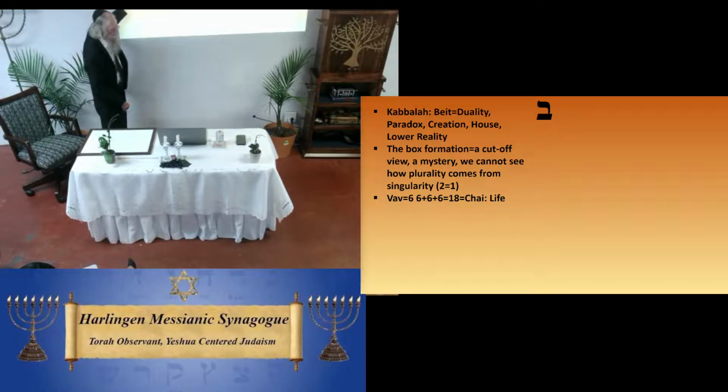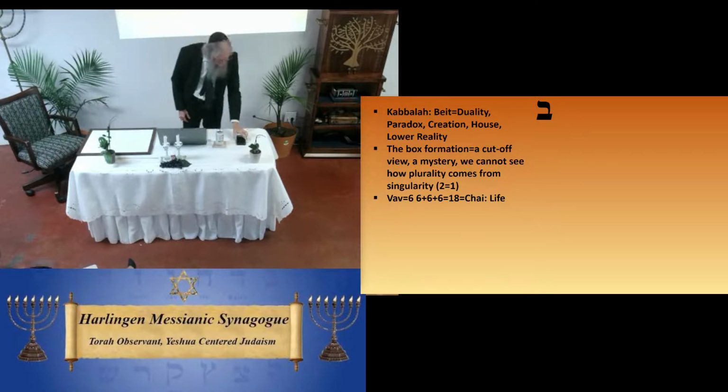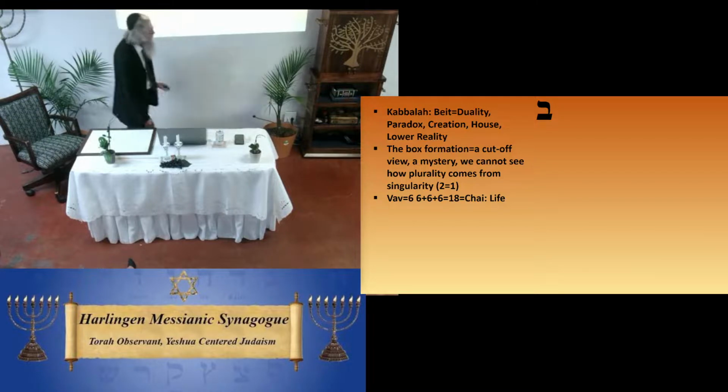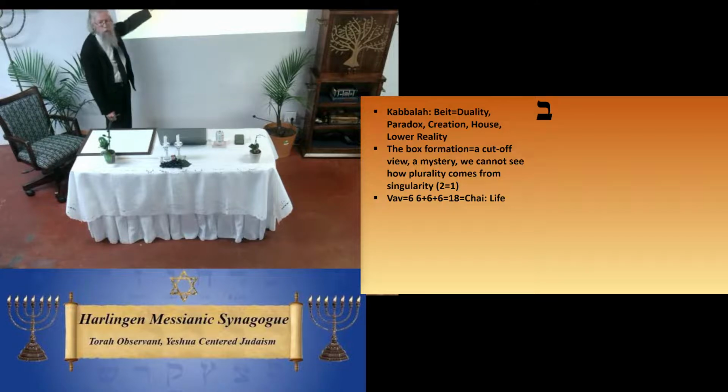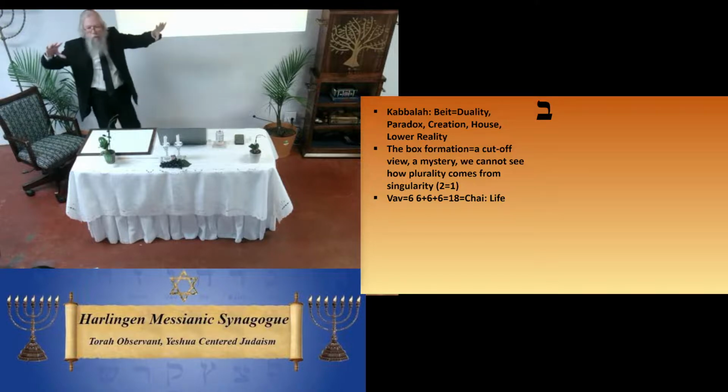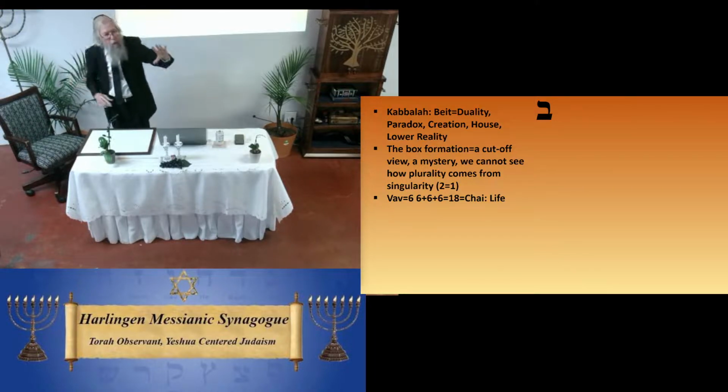So the Vav is, we told you that the Vav is the letter 6. And how many are in the Bet? 3. 6 plus 6 plus 6 equals 18, is the same as Chai. The house, the home, equals life.